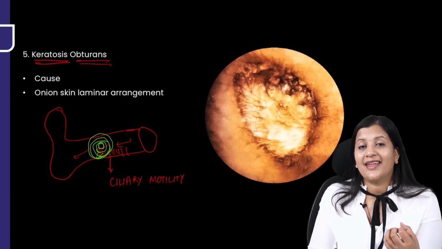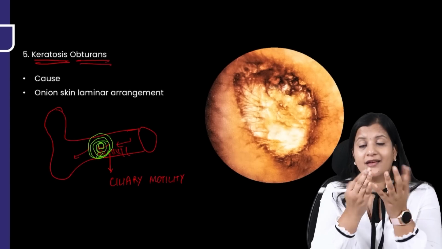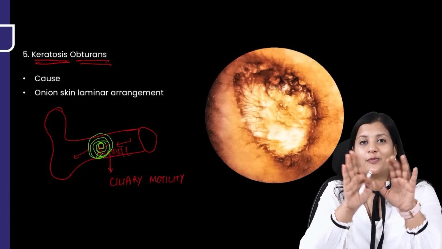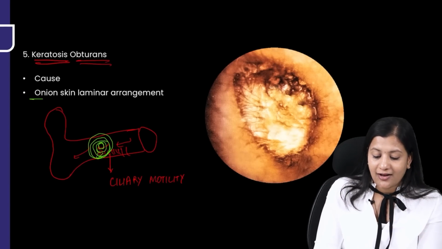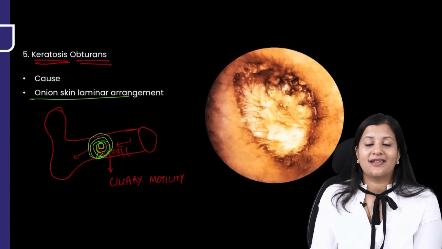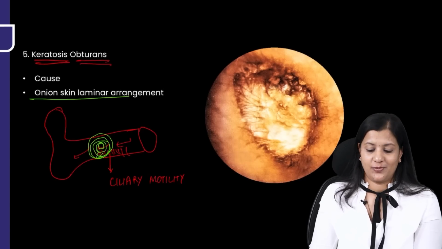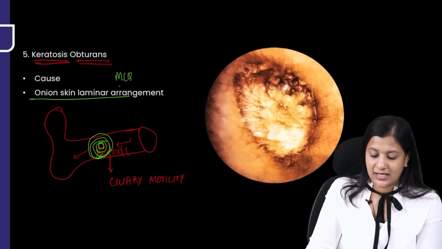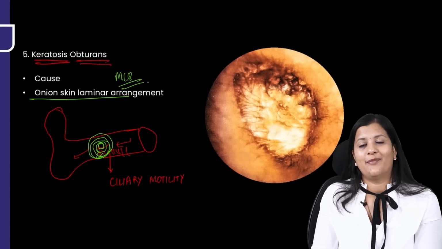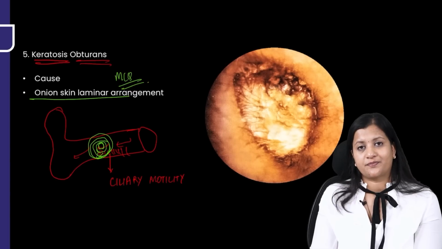So the keratin, the squamous epithelium are getting organized, a layer followed by another layer followed by another layer, like an onion skin. That pattern of arrangement is called as onion skin lamellar arrangement. This can be your MCQ. That onion skin lamellar arrangement is seen in keratosis obturans.